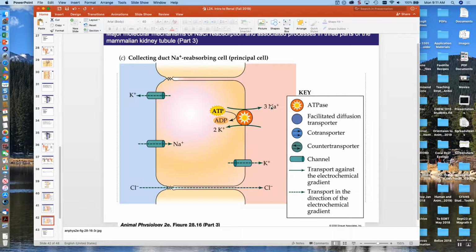More sodium is removed from the cell across the basolateral membrane, but more potassium is actually brought into the cell and secreted. All right? So when you increase aldosterone, you increase sodium chloride reabsorption, but you also increase potassium secretion. Confusing?